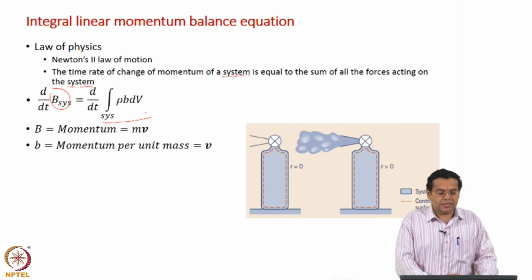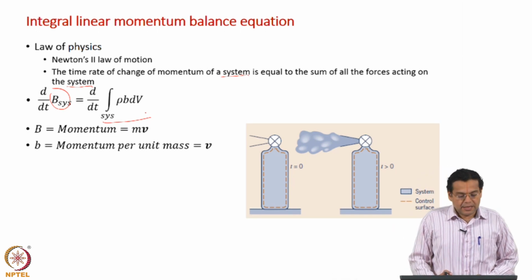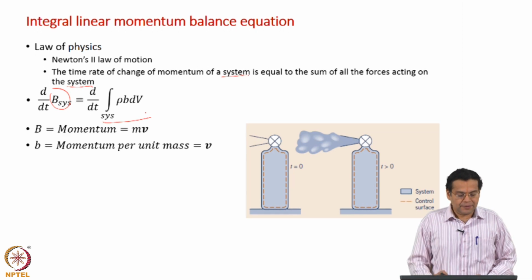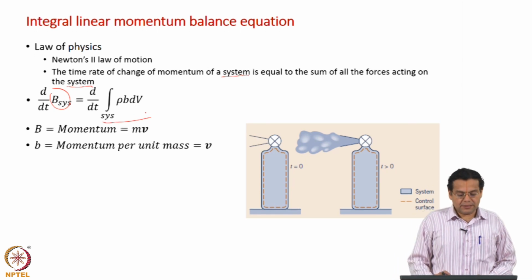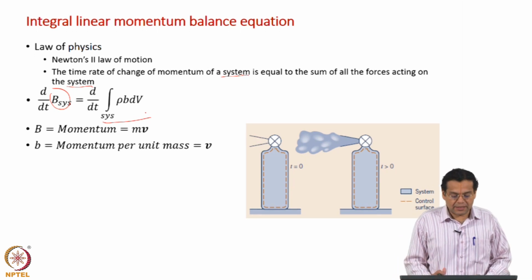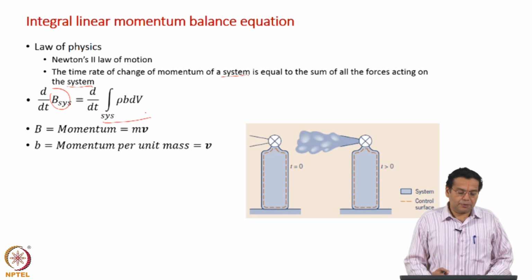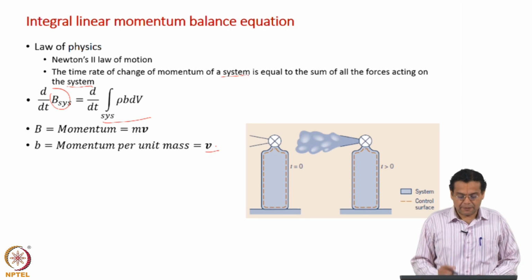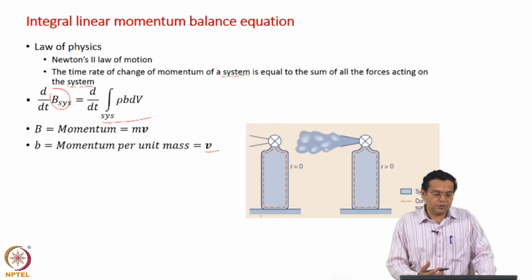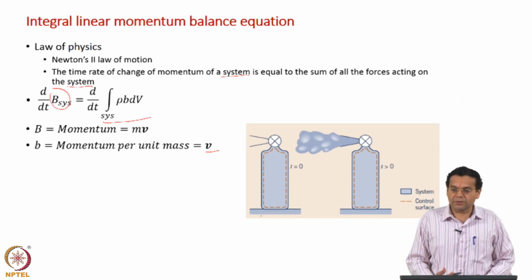That is a distinction. In the earlier case of total mass balance, capital B was m and small b was just unity. In the case of momentum balance, B represents the total momentum, m times the velocity vector, so the intensive property, momentum per unit mass, is the velocity vector. We should note that both the momentum and the velocity are vectorial quantities.